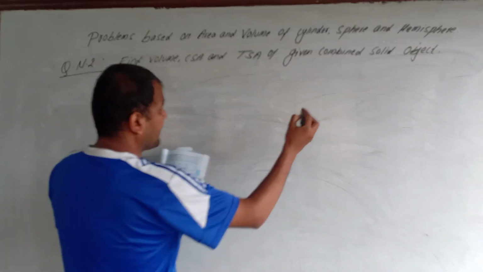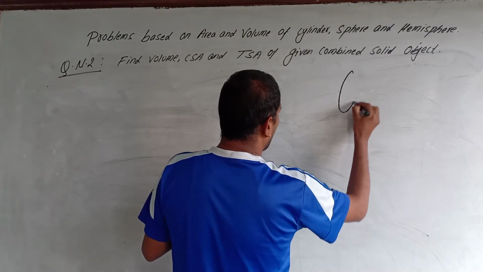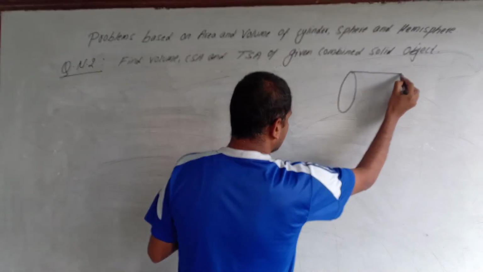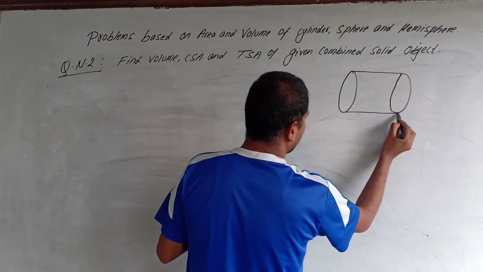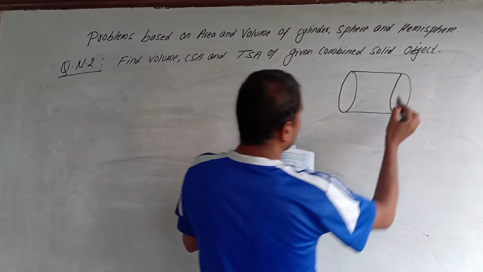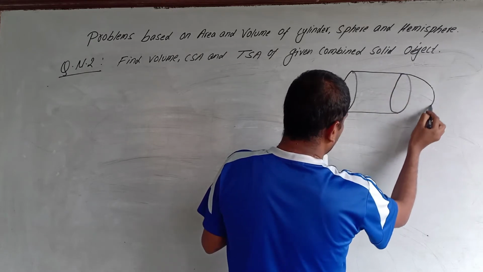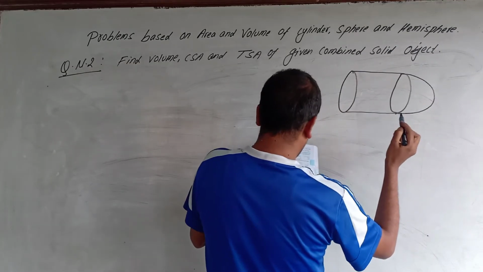Here it is given that there is one cylinder, and on the top of one part there is one hemisphere.